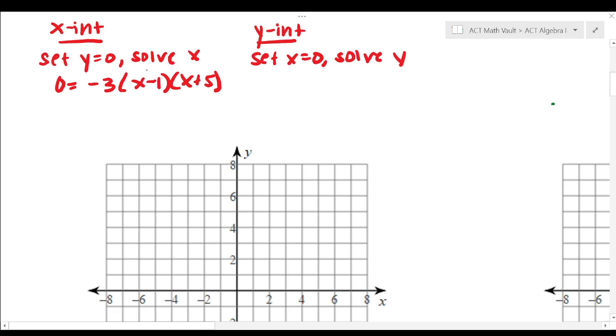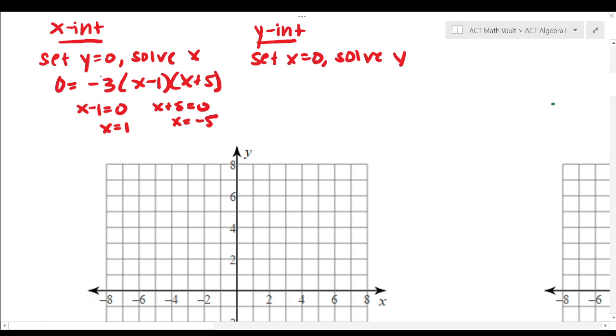But this whole entity here could be 0, this whole entity here could be 0. So I better set x minus 1 equal to 0 and x plus 5 equal to 0 and solve for x. I get either, if I add 1 on both sides here, x is 1, or x is -5.